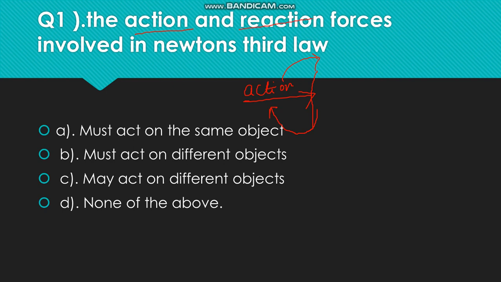If they act on the same object, we'll see that case later in today's session. But for a general case, they cannot act on the same object. They must act on different objects, because the action is by the first object on the second object, and the reaction is by the second object on the first object. So option B is correct.